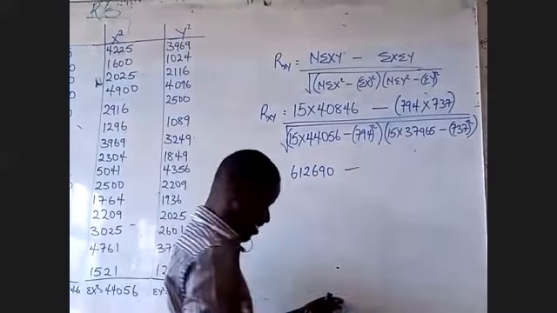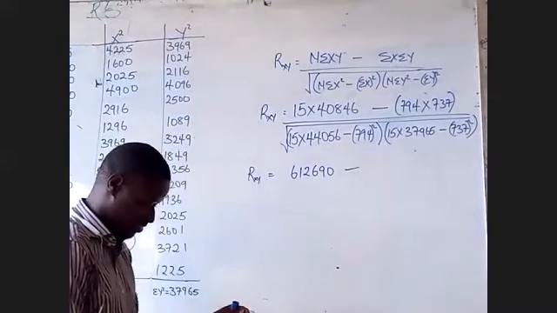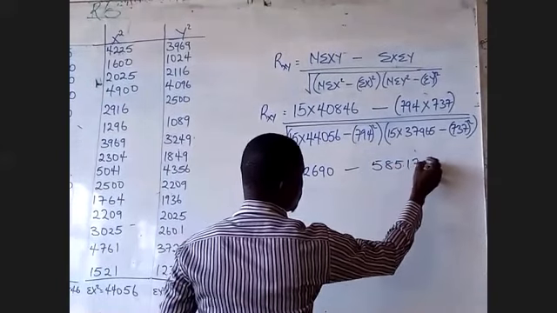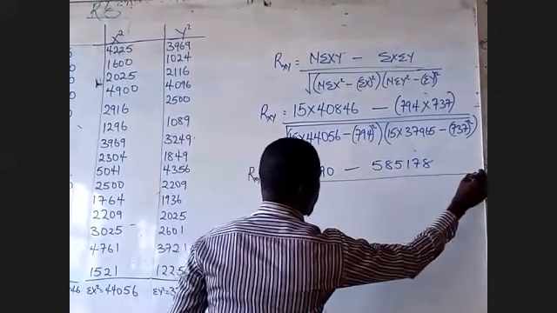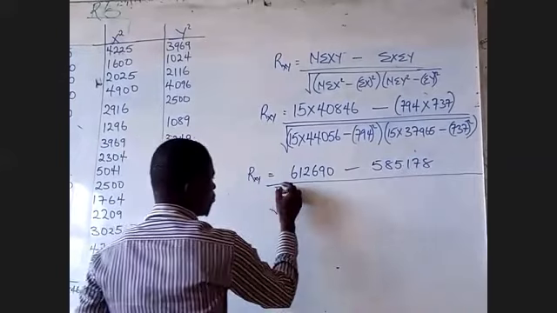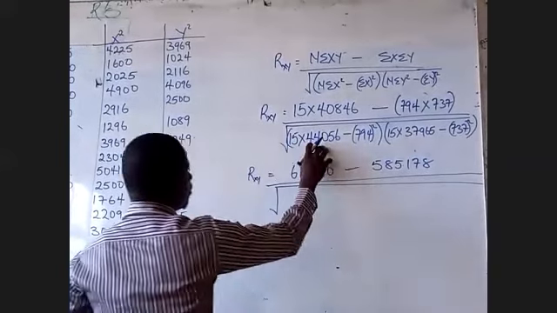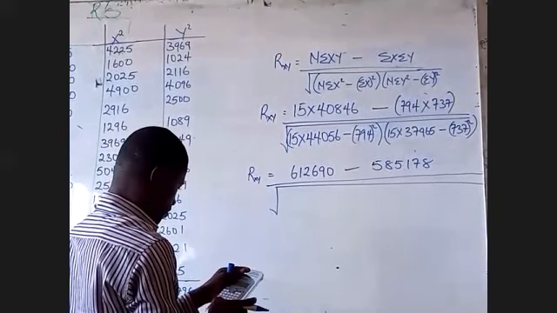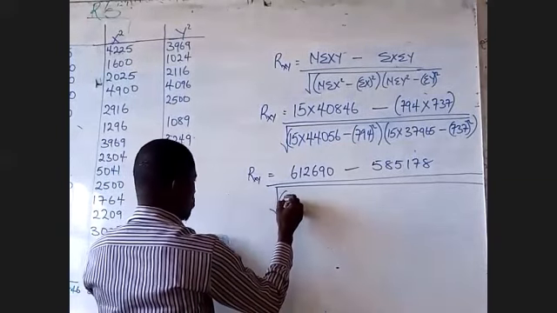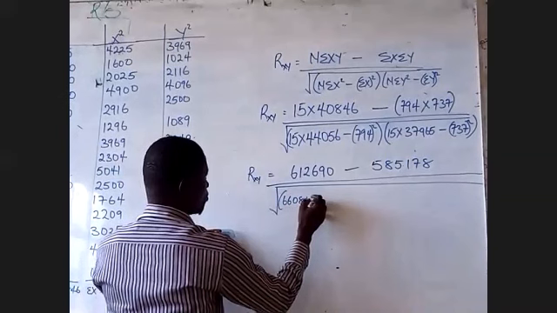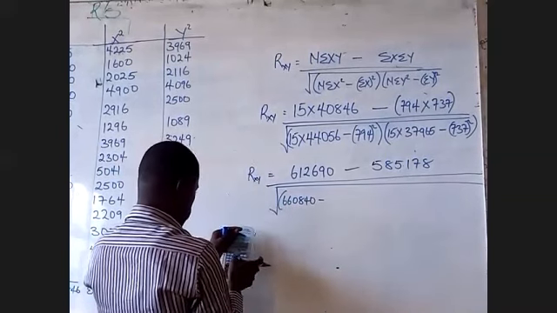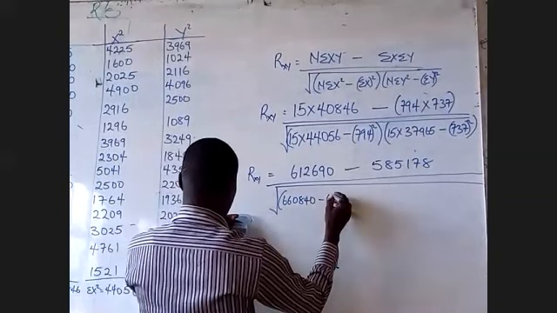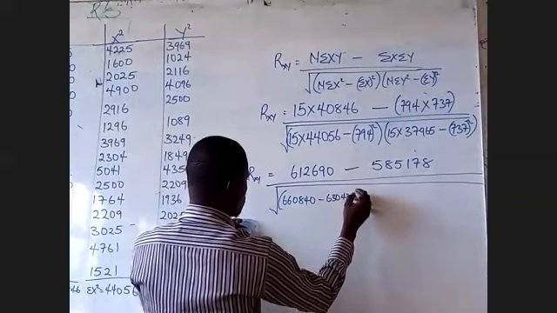612,690 minus 585,178 divided by the square root of, let's do this, 15 times 44056. That's 660. 840 minus 794 square. 630,436.